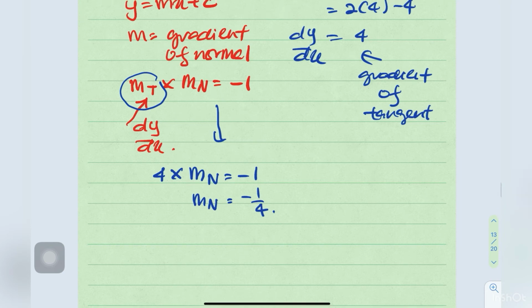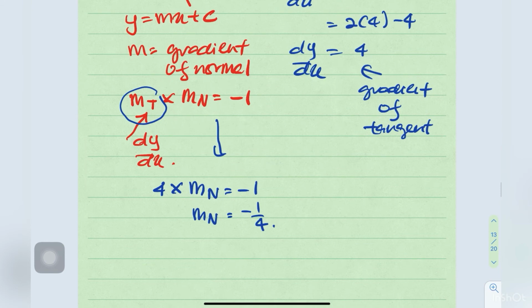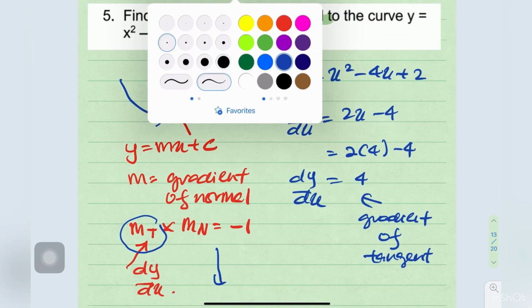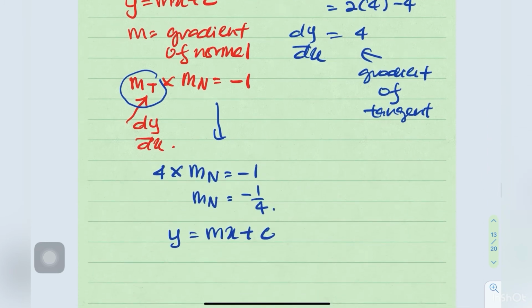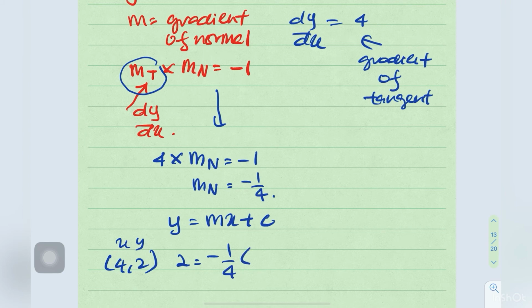Okay, so equation of normal is y equals to mx plus c. Then coordinate, just now we have this coordinate. Coordinate 4, 2. So we substitute into the equation. x, y: y is 2, m is -1 over 4, x is 4 plus c.